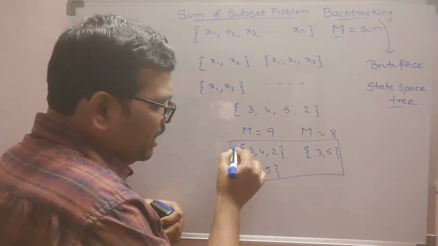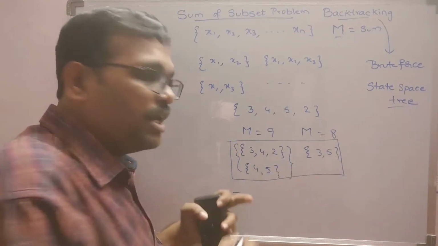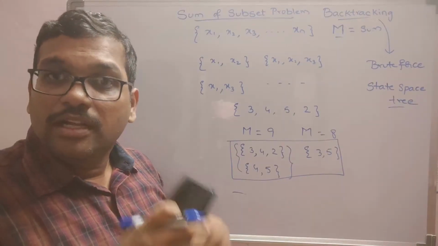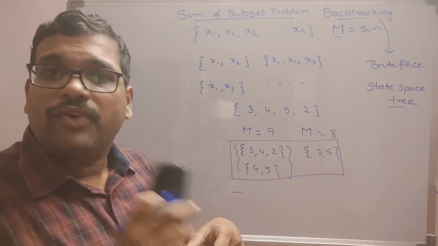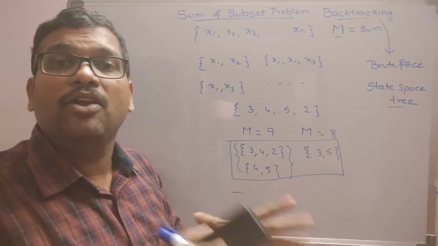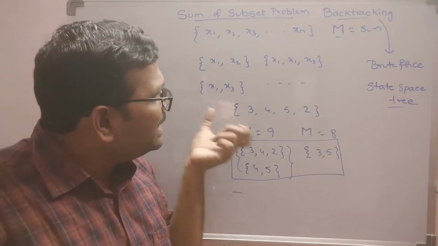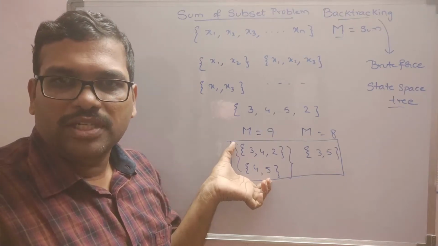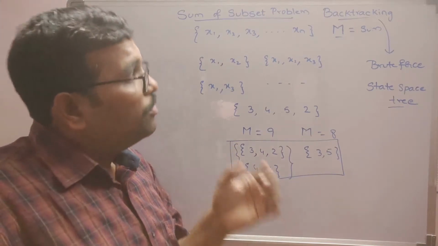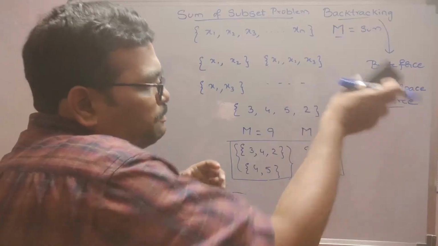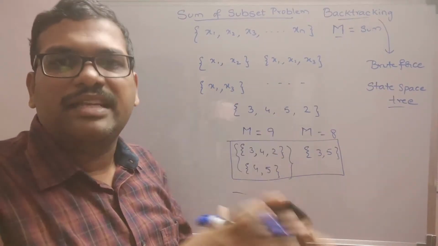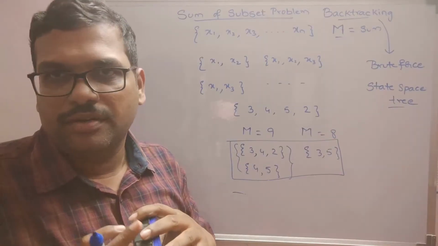In this example we can get the two possible solutions. Now we'll see the state space tree first, and then we'll write the step by step procedure.